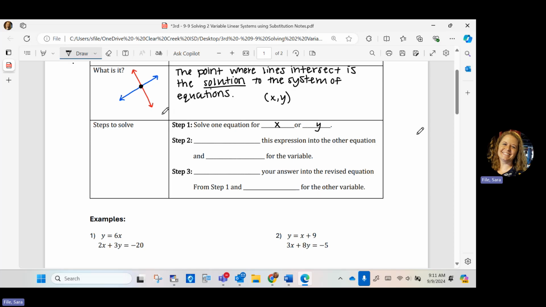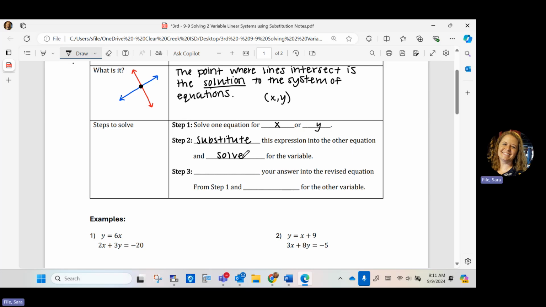Step two is to substitute this expression into the other equation and solve for the variable.